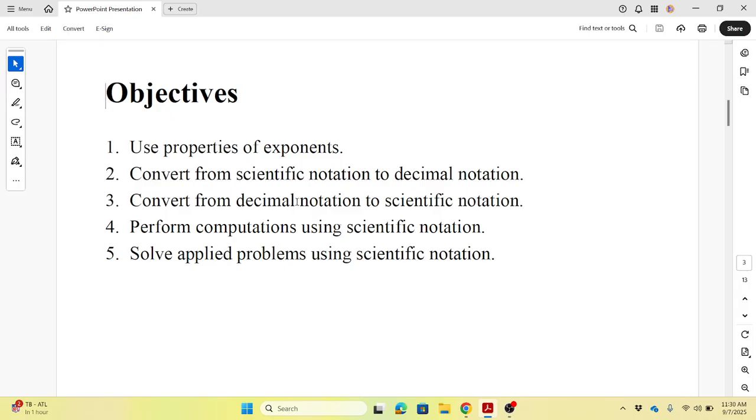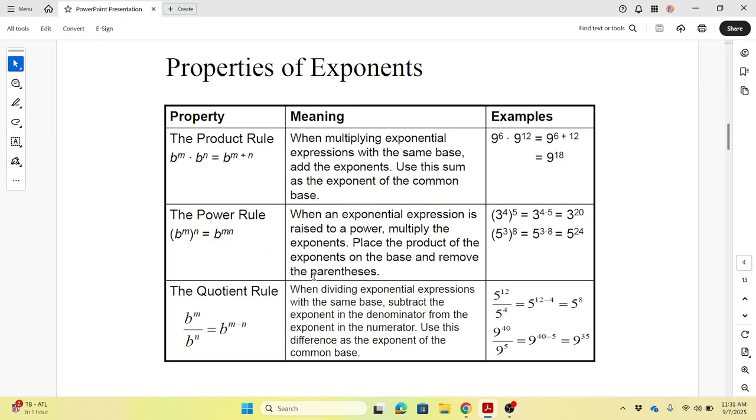So our objective in this section is to learn the properties of the exponent, convert scientific notation to decimal or decimal to scientific, and then do some application problems. That was the first example I gave you, which is applied in our day-to-day life. So let's look at the properties of the exponent.